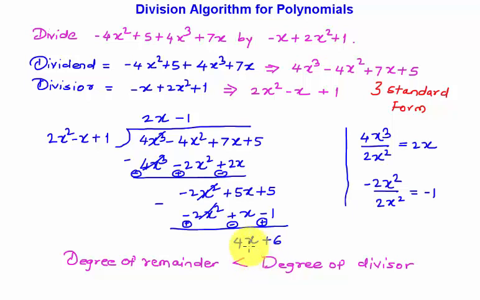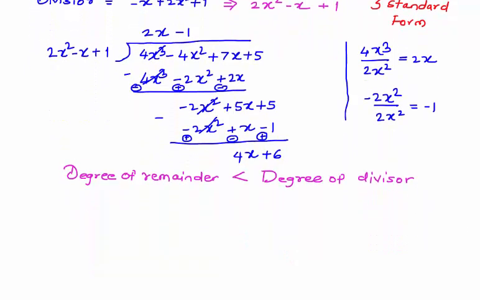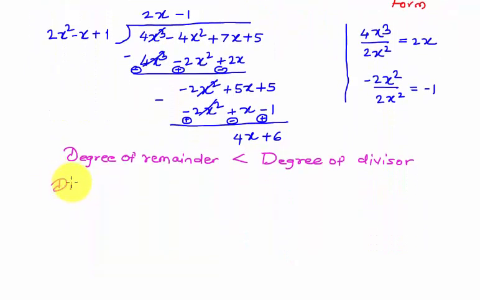Now after this division, what is the result? So let's write down the result also. The dividend is 4x cube minus 4x square plus 7x plus 5.